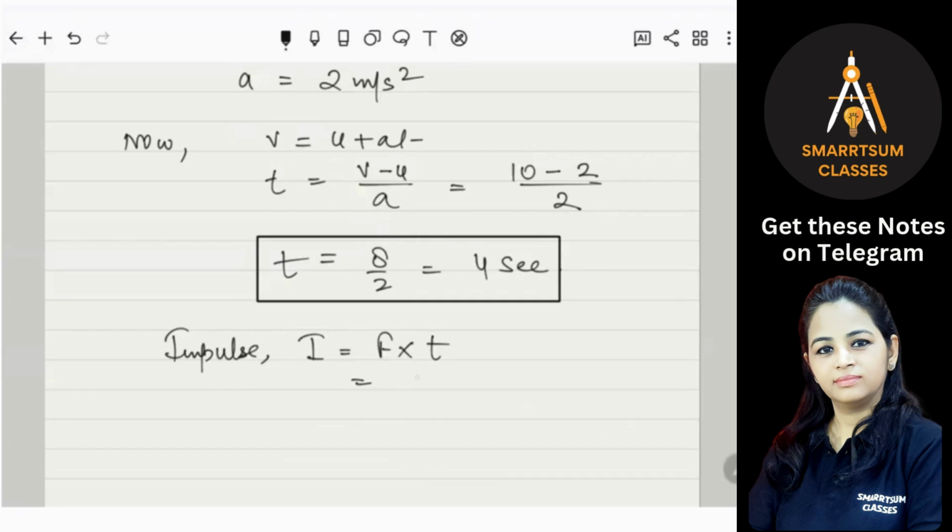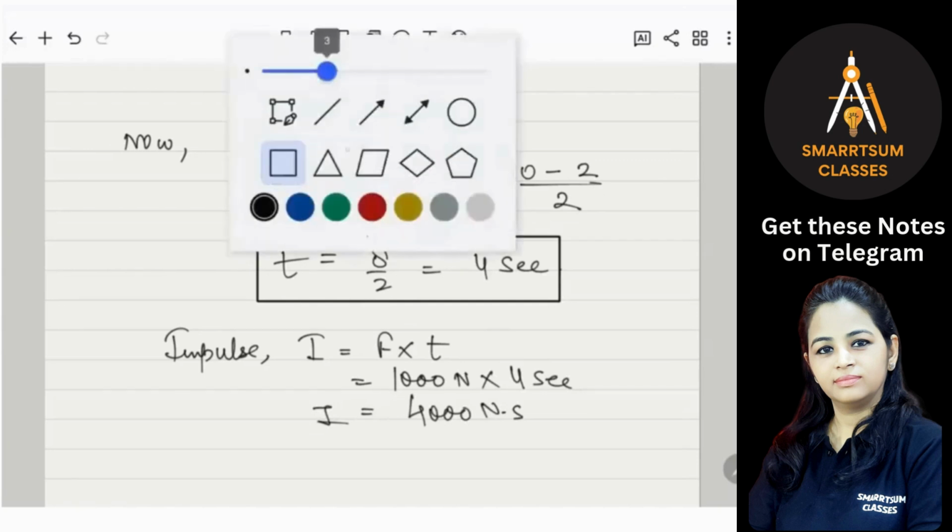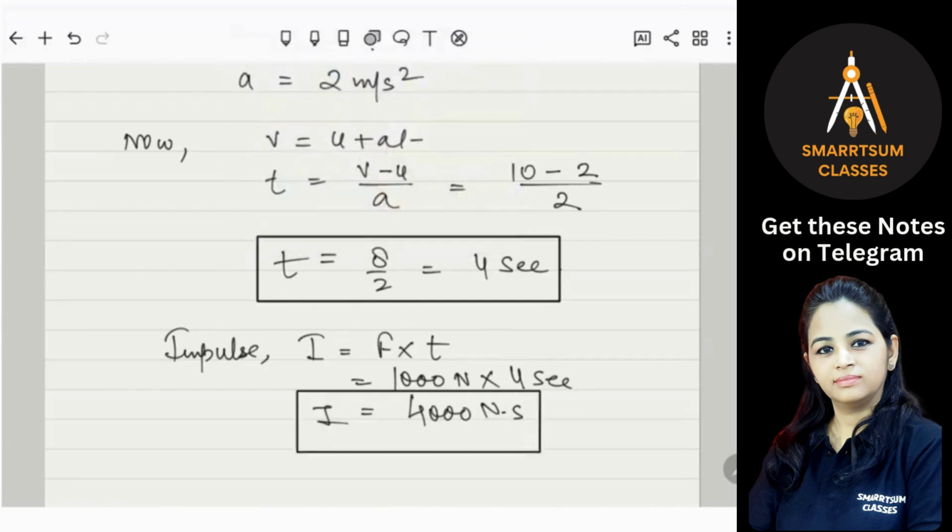Force is already given, that is 1000 Newton, into time, which we have already calculated, 4 seconds. So this will be equal to 4000 Newton second. This is the impact created by this force when it is applied for 4 seconds. Is that clear? Awesome.